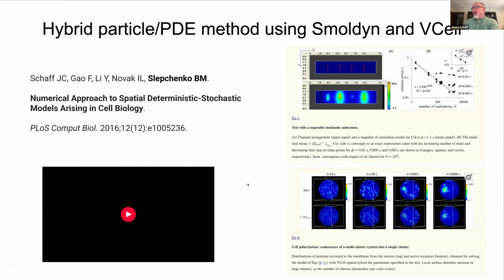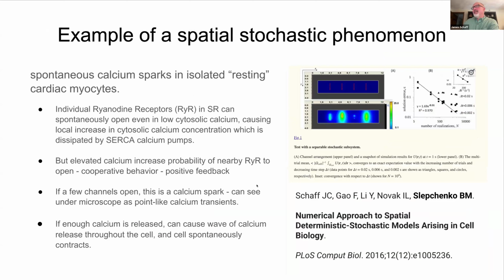many years ago. And here you have an example of a cardiac myocyte where you have sarcomeres and T-tubules and local activation. And especially in the case of sparks, in the continuum approximation, sparks will never happen.